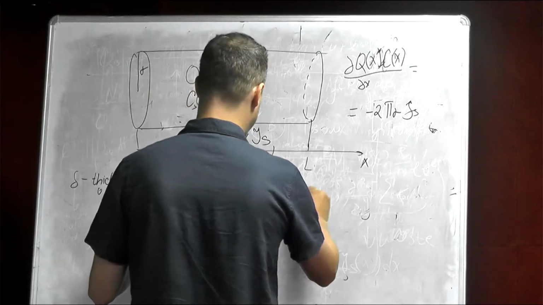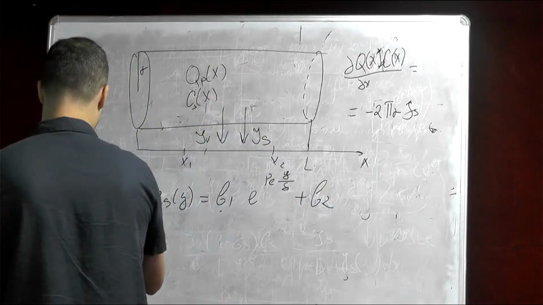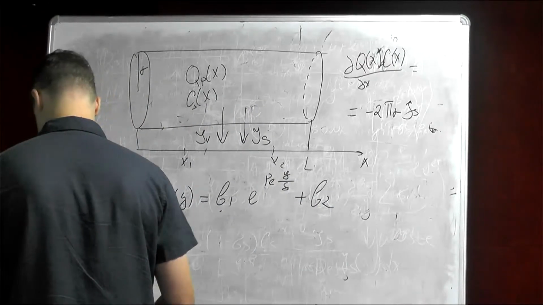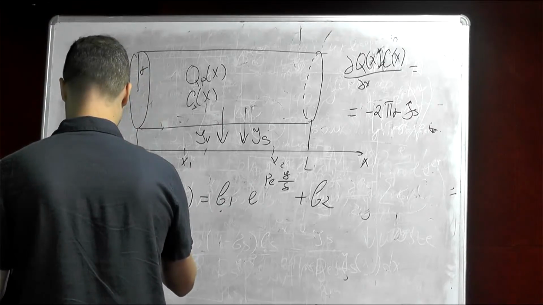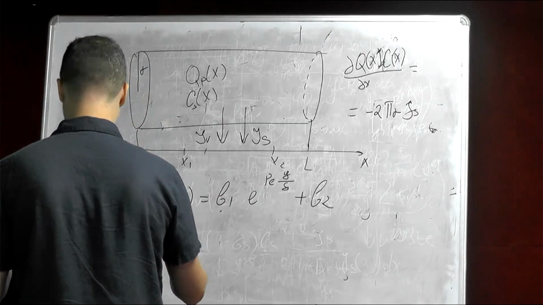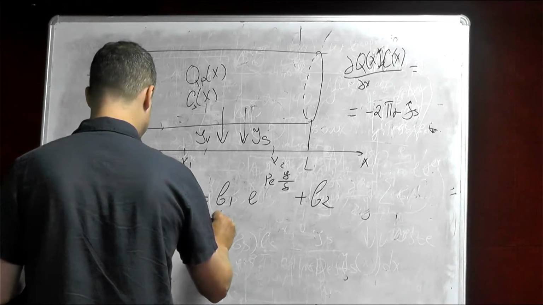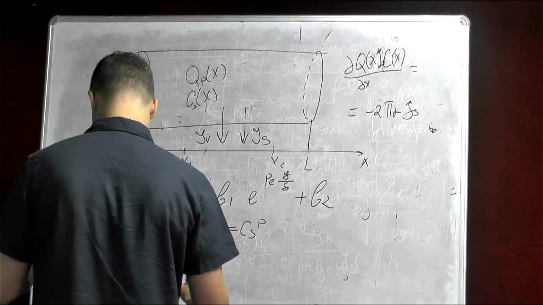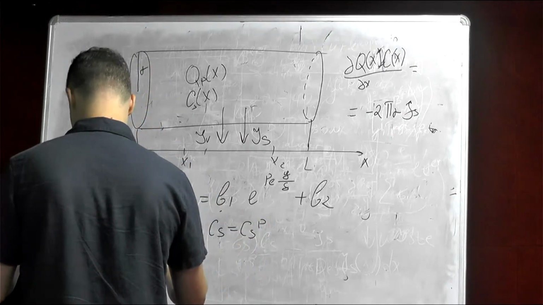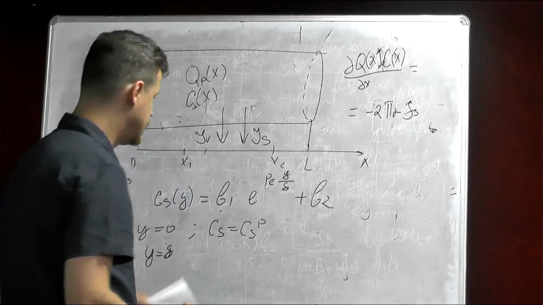And another constant. And considering the boundaries of this equation. This is C1, C2.